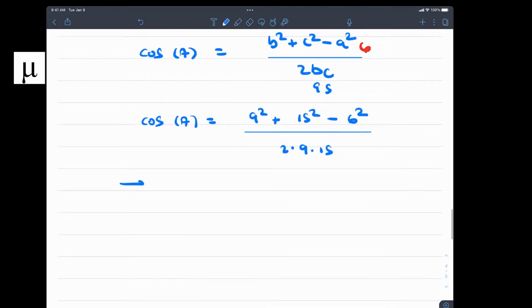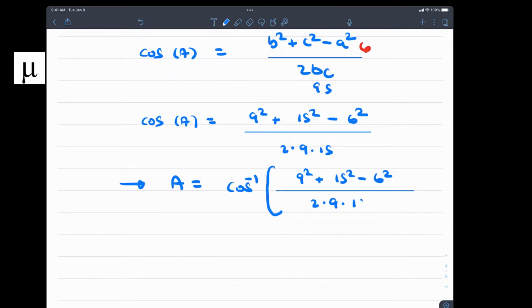Now, what does that mean for you? It means A is inverse cosine of what? 9 squared plus 15 squared minus 6 squared, over 2 times 9 times 15. Okay, you guys okay with that?